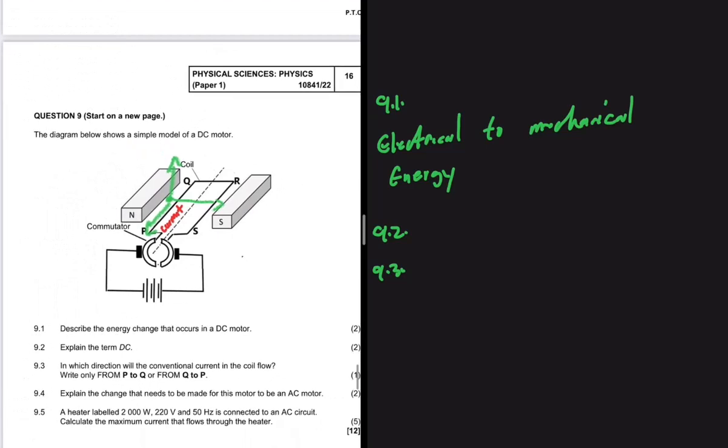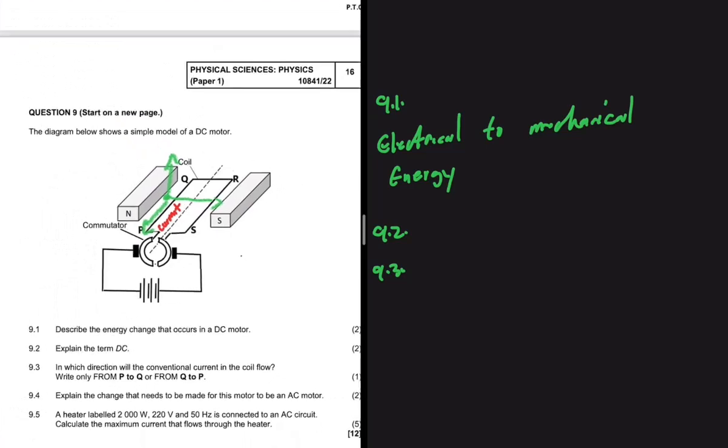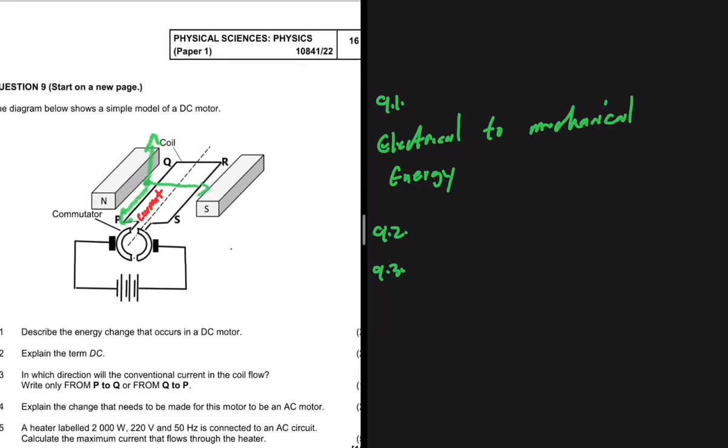So the answer to 9.3 is Q to P. If it was a DC generator, we would be using the right hand rule. We will do the same thing, but now using the right hand. On motors, we use the left hand.